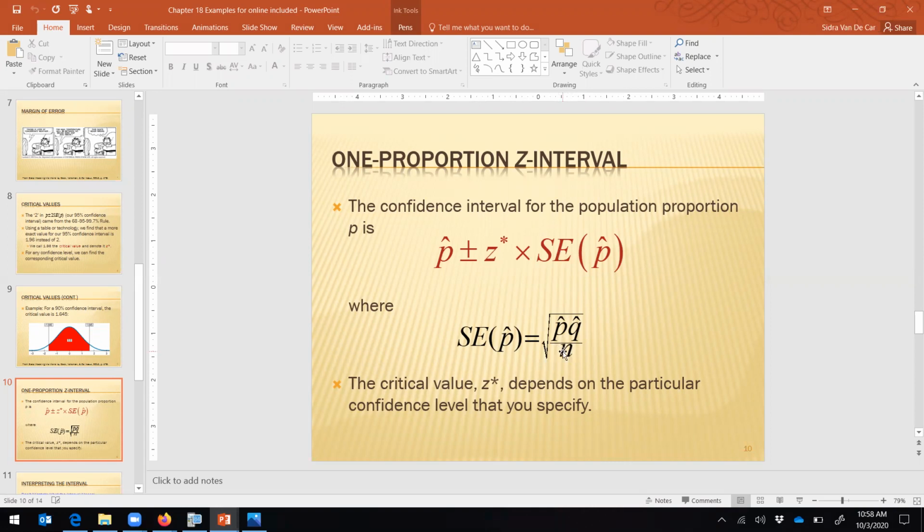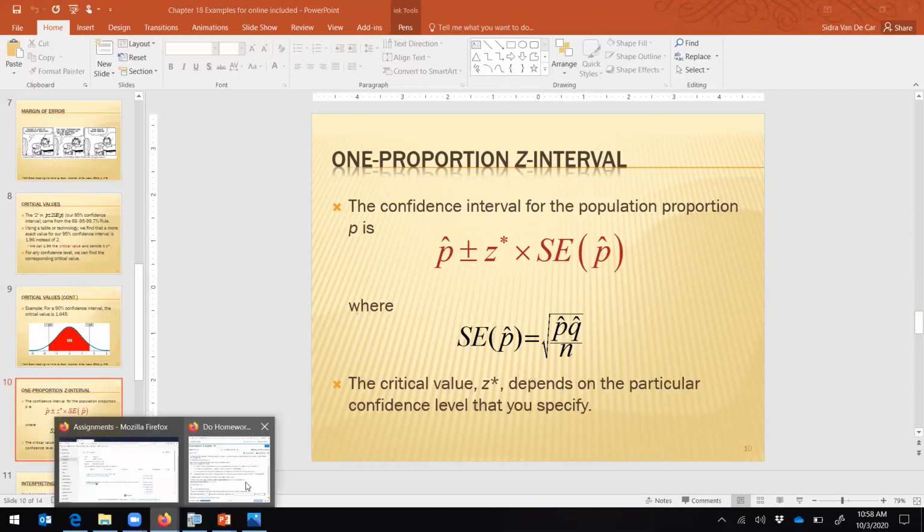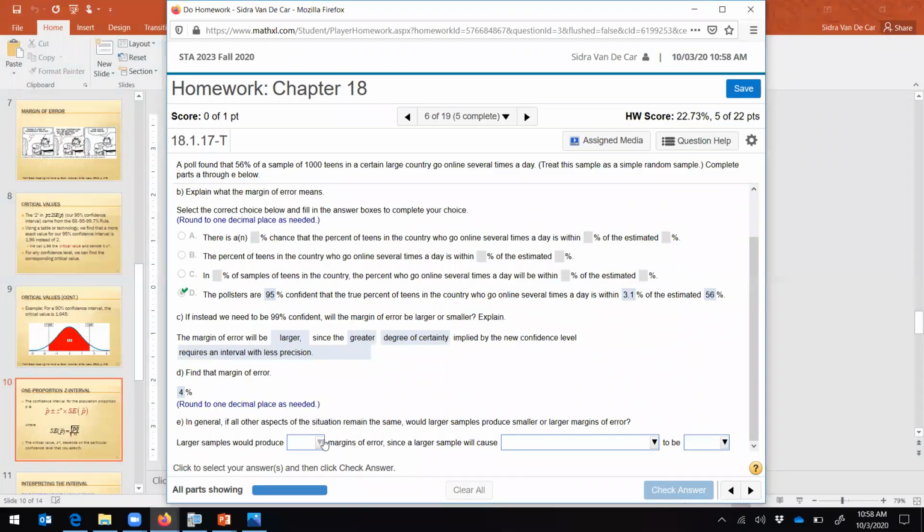If I have a fraction and I make the denominator larger, that makes the fraction smaller. So if the fraction's smaller and I multiply by something, that makes that margin of error smaller. Increasing my sample size will make the margin of error smaller.